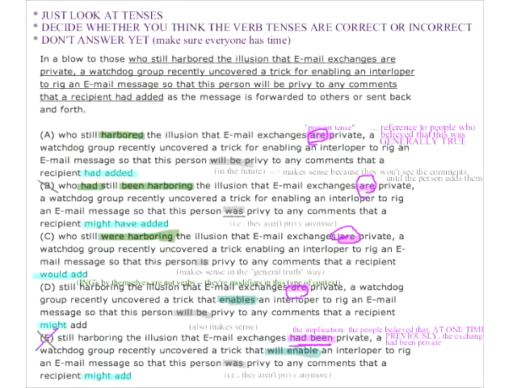All right, let's talk about it. Had added doesn't make sense, because if you think about the context here, once the interloper rigs the message, then he or she can see comments. Had added would mean that they would see the comments that were added previously. That's nonsense.